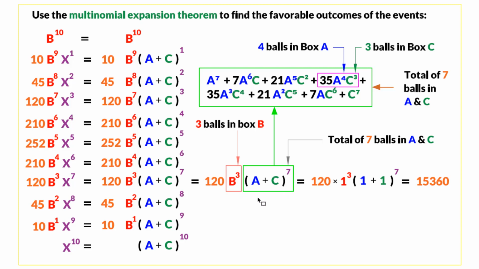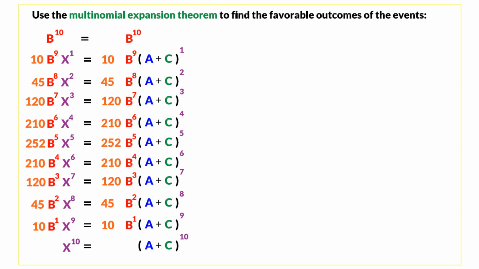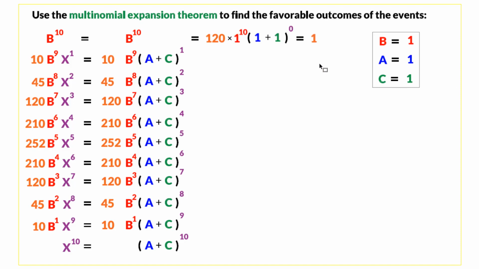And now let us find the number of favorable outcomes for each event, and that is by substituting B with 1, A with 1 and C with 1. So we do that and we get for the first event 1, and for the second event we get 20.